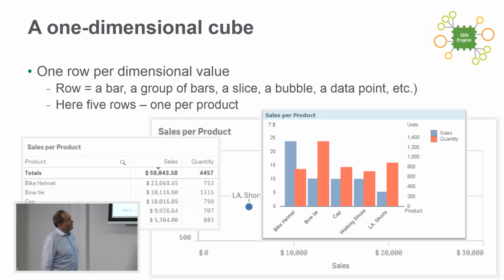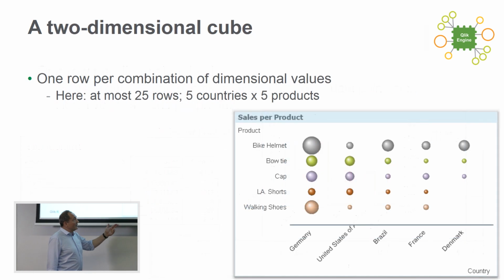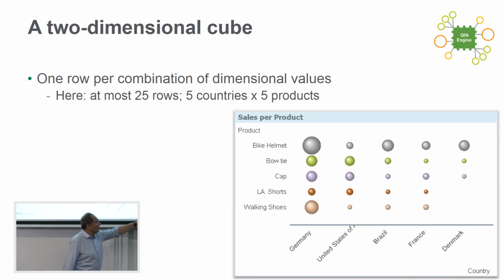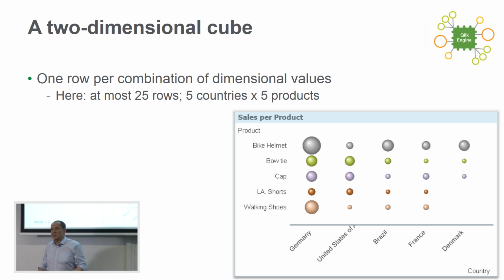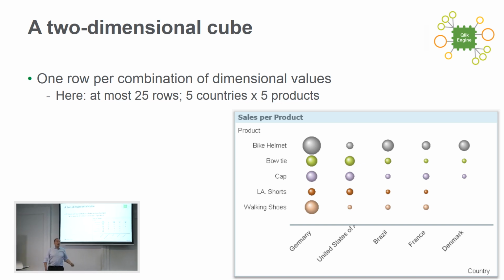Now, a two-dimensional chart could look like this. This is a Qlik grid chart. Here you have two dimensions. You have 5 countries and 5 products. So you have potentially 25 combinations of the two. And for each combination, you calculate the number. And you can see that, well, in Denmark, they haven't bought any shorts or any shoes. So you only have 23 bullets. But the number of possible bullets is 25.